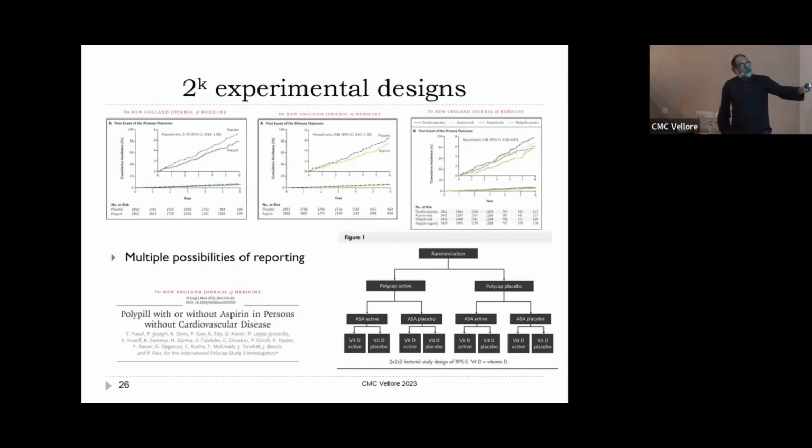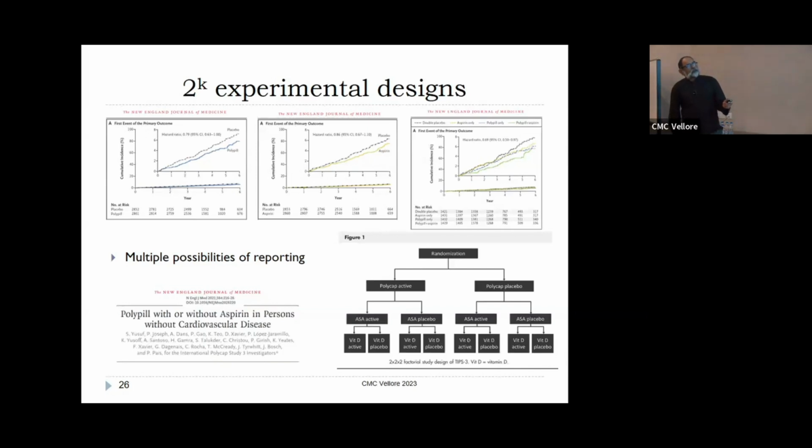So you have multiple possibilities of reporting when you do that, because, assuming no interaction, you can report all of those, and that's what they did. I can't see it now, it's hard to tell. I think this is the polypill versus placebo.